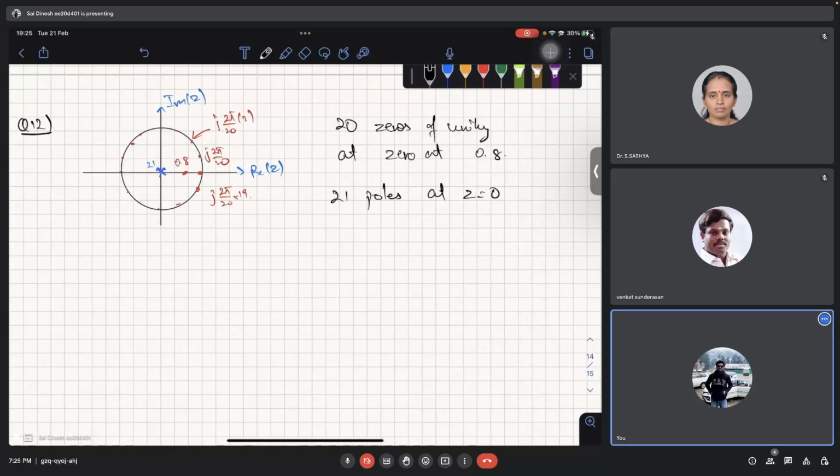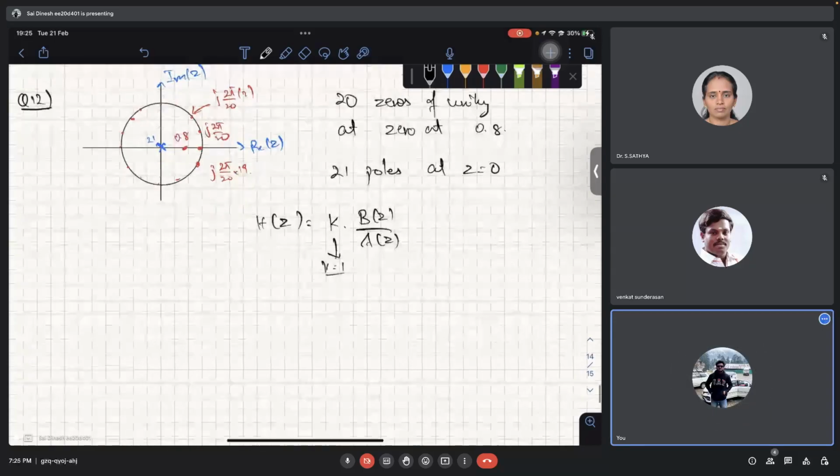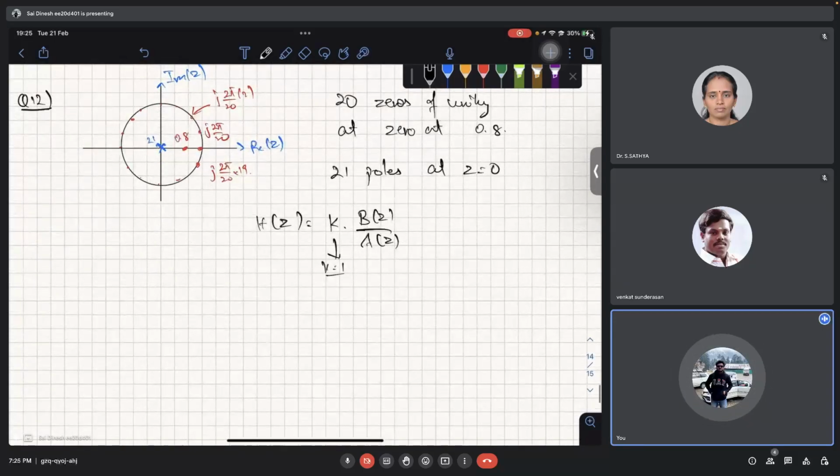Okay, so the pole-zero plot for this. So this is the pole-zero plot, and then we have H of z is equal to k times B of z by A of z. We have k equal to 1 here, and then we have 21 poles.